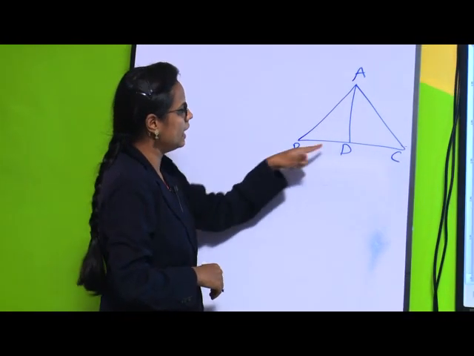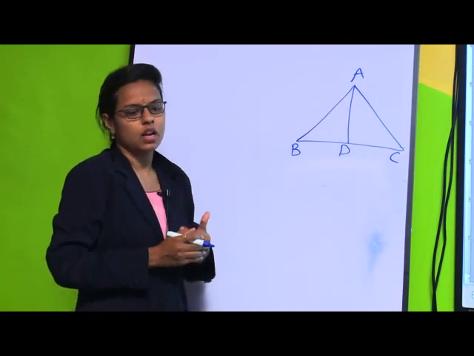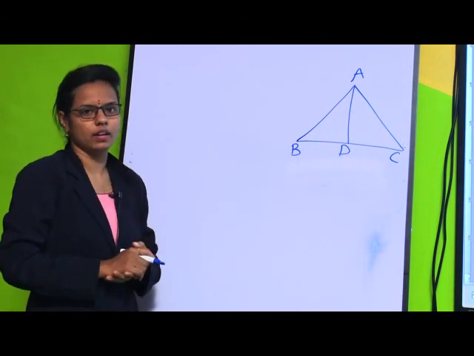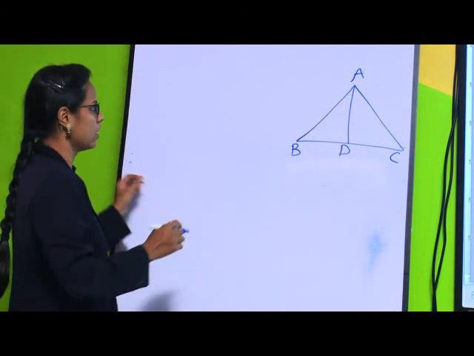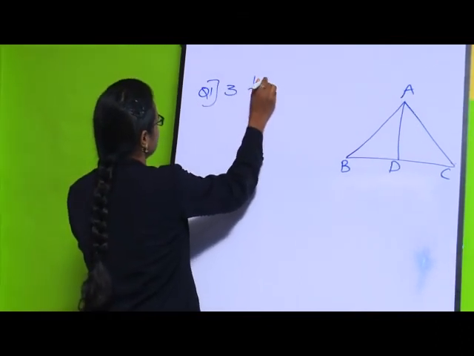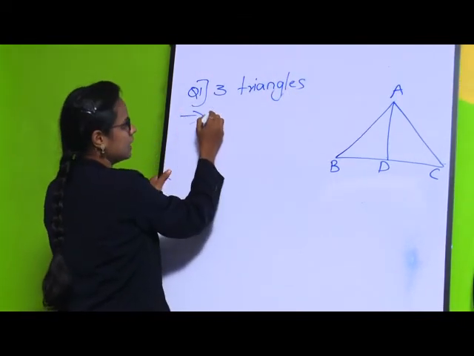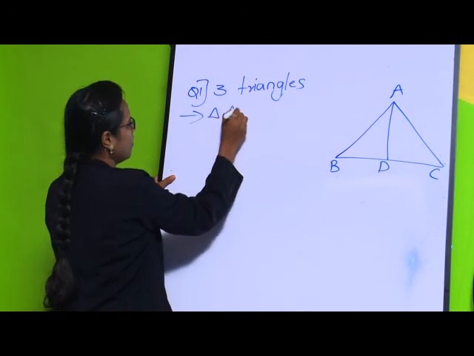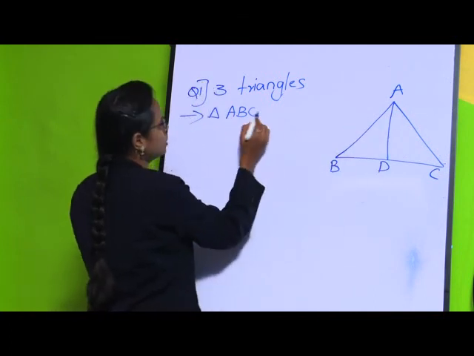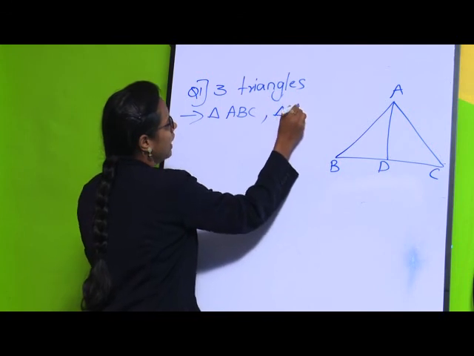We have ADB as one triangle and ADC as another triangle. In this question, it is asked, identify three triangles in the figure. So, the answer is triangle ABC. The triangle ABC is the first triangle. Then the second triangle is triangle ABD.